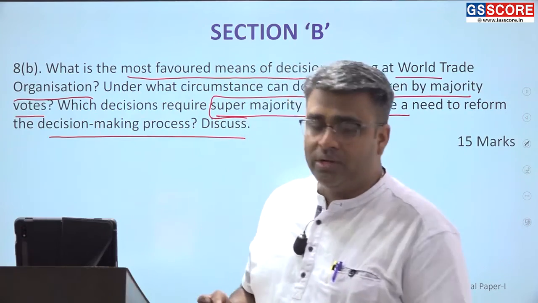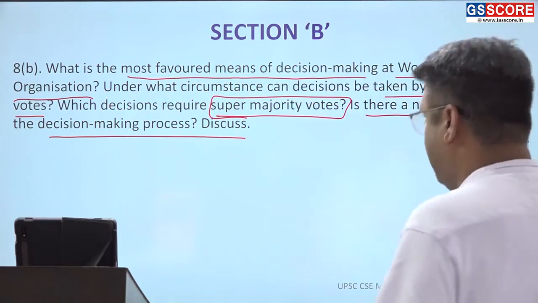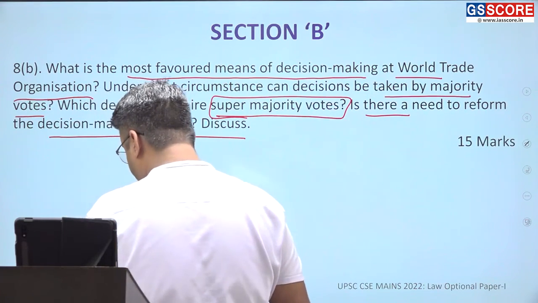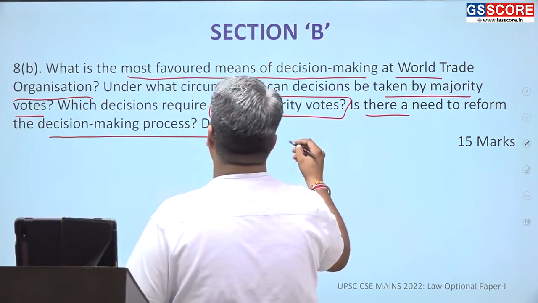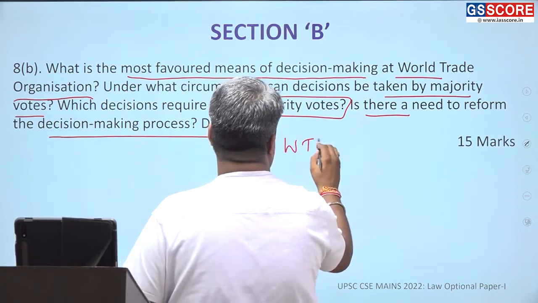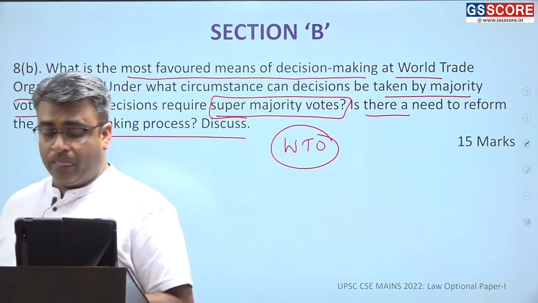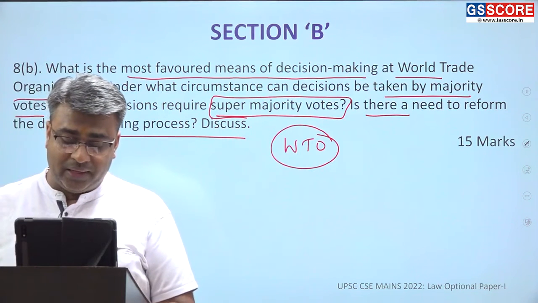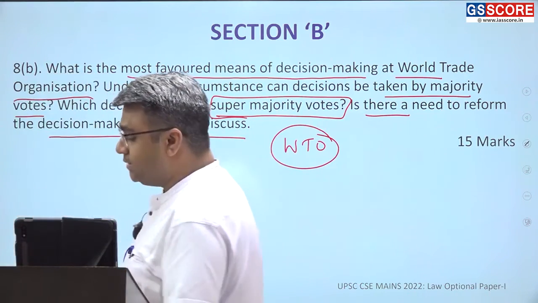So in this particular question, we will try to figure out what should be the answers to each and every question now. Okay. Like for example, what actually happens in the case of WTO? In the World Trade Organization, the decisions are taken by consensus.